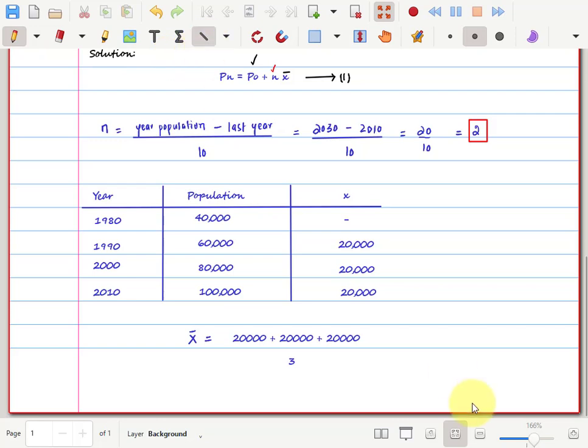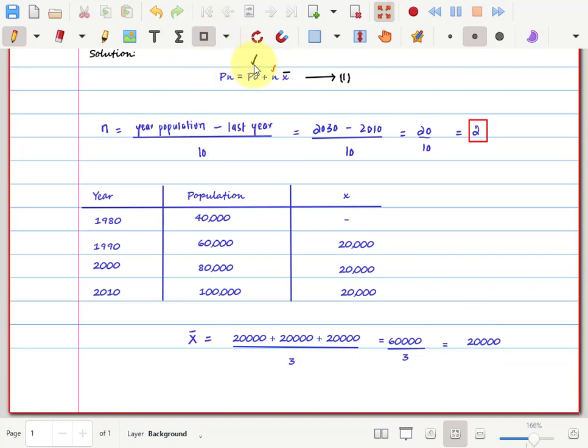It will give us the value of x bar. So x bar is equal to 60,000 divided by 3. So the answer will be, how much? X bar will be equal to 20,000. Got it?